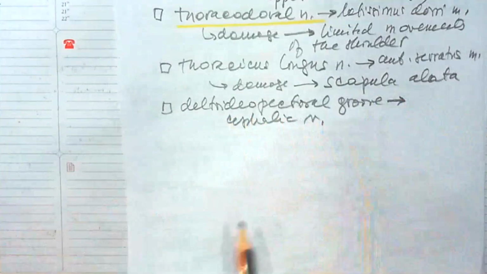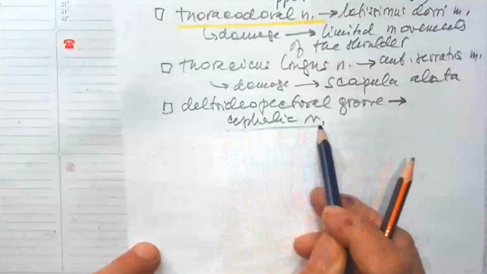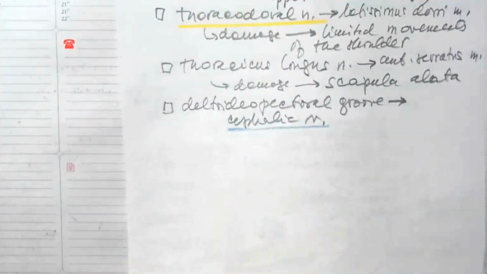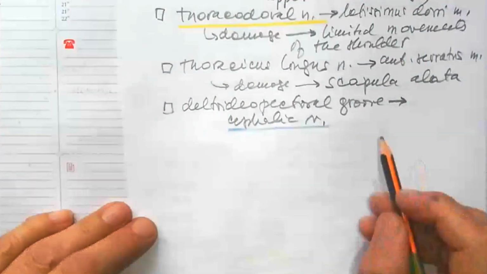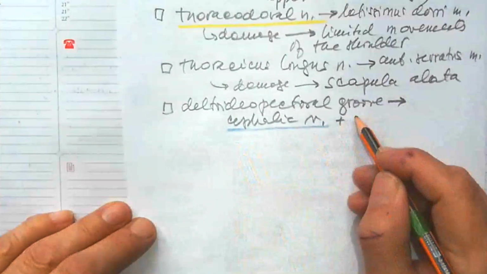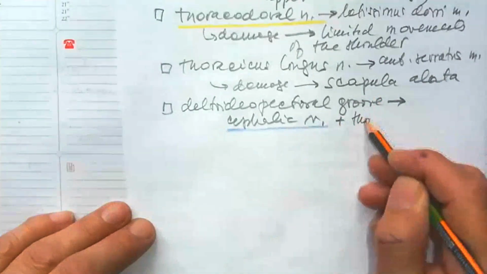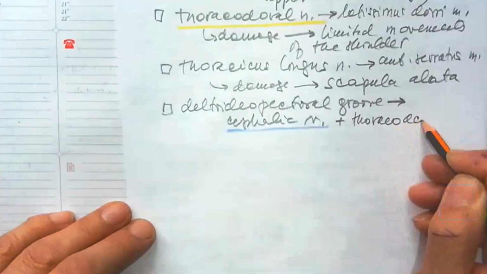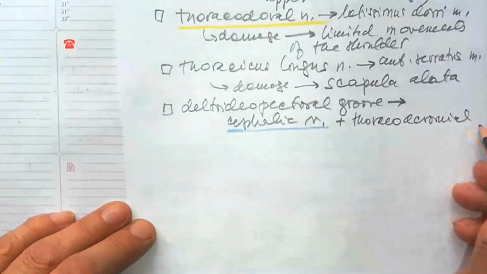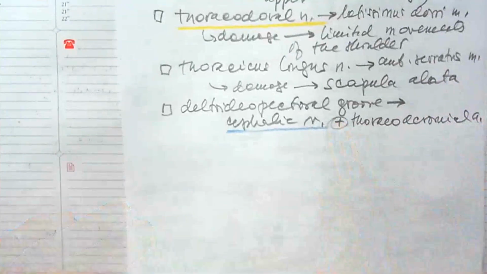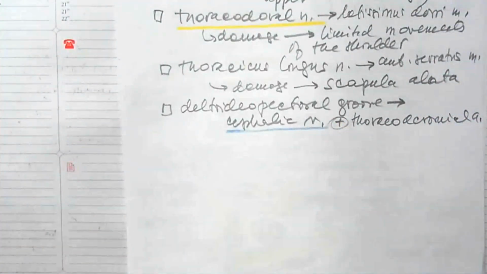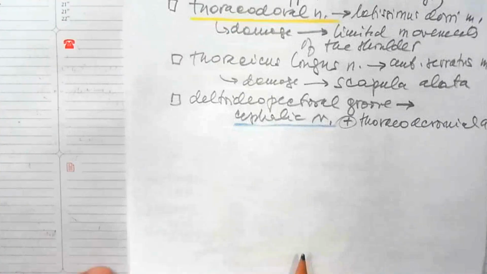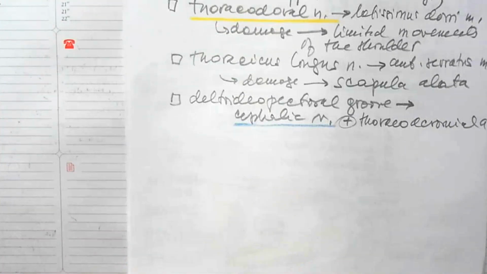We will speak about the cephalic vein as the typical vein collecting blood from the superficial layers of the upper extremity, and also the thoracoacromial artery, and this artery supplies the muscles around this area, and also the shoulder joint. So this is the next area.